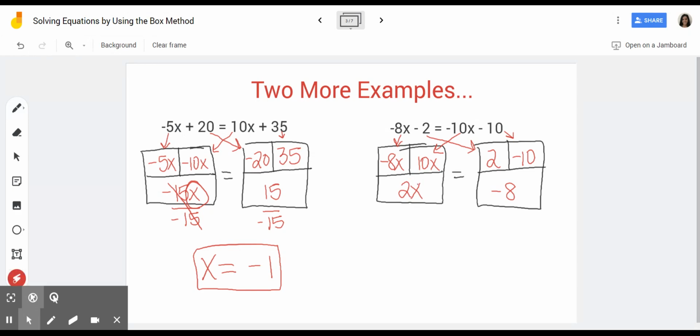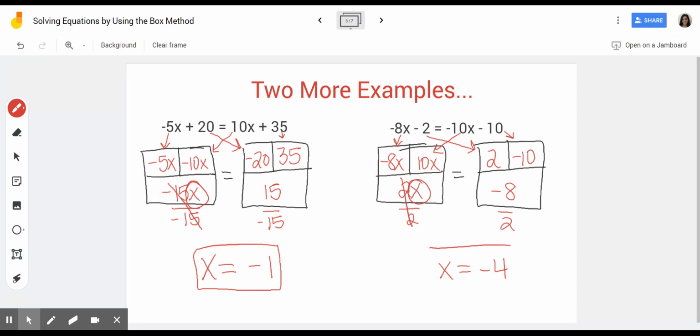Remember, the coefficient is the number that is in front of the x. In this case, the coefficient is 2. So I divide by 2 on both sides. 2 divided by 2 is 1, so I can cross them out. I'm left with x equals negative 8 divided by 2, which is negative 4. So the solution to that equation is x equals negative 4.